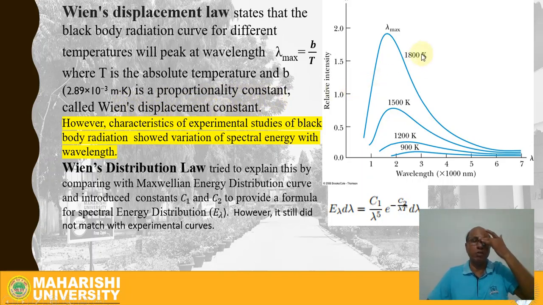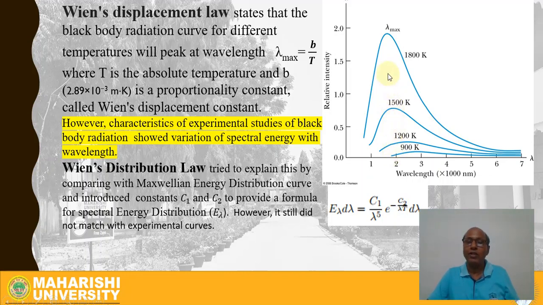And you can see in this curve here also that as the temperature of the black body increases, the wavelength where the peak occurs is reducing, because here you can see lambda is inversely proportional to T. So for example, at 900 Kelvin, the lambda peak, where intensity is maximum, is at around 2800 nanometers, at 1200 Kelvin it is something around 2300, and at 1500 Kelvin the intensity is maximum at a wavelength of around 1900.